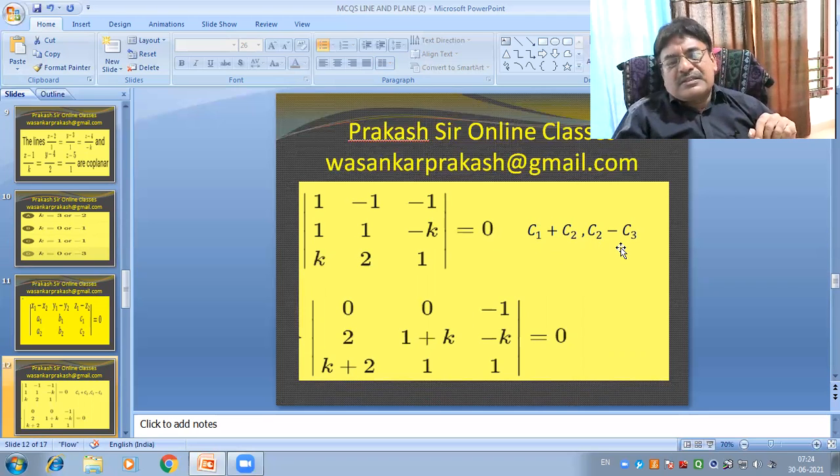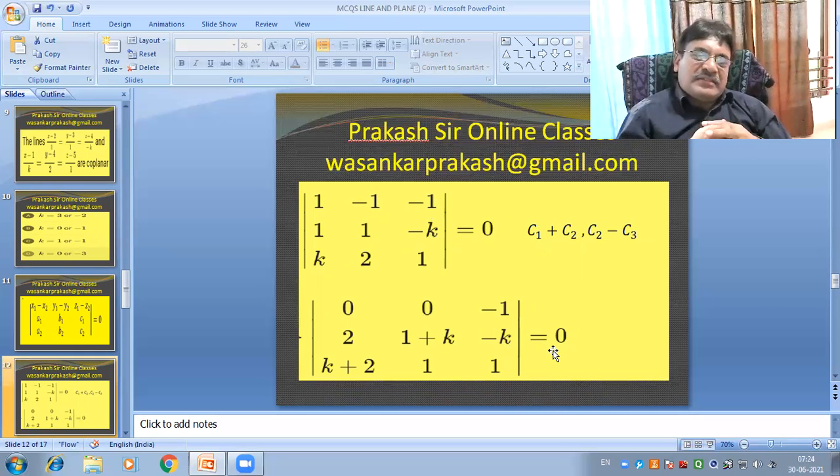Next we use C2 minus C3, so C2 changes to C2 minus C3: minus 1 plus 1 is 0, 1 plus 1 plus k is 1 plus k, 2 minus 1 is 1. C3 remains as it is: minus 1, minus k, 1, which equals 0. Next we evaluate this determinant.